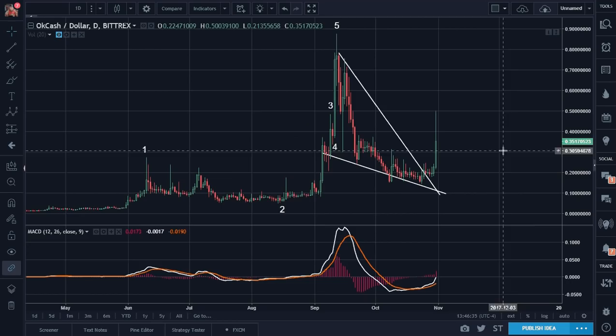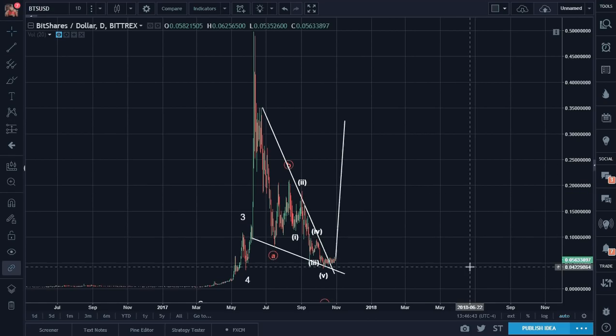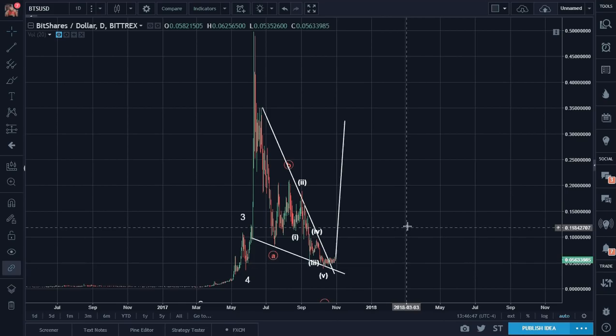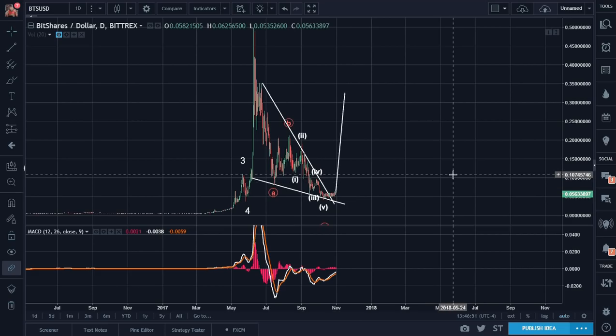So here is MACD. Today there was a little bit of wiggling going on in BTS, BitShares. There you go. Sorry to go back and forth, but in a way, it doesn't matter. They're all about the same pattern anyways.